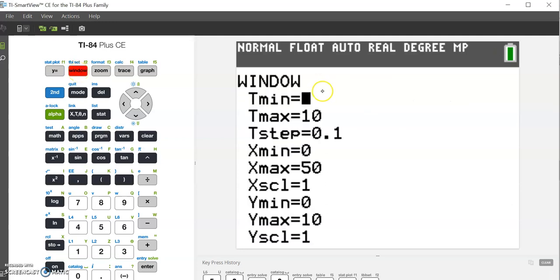My window, I'm just going to talk about. Time is our t value, so we don't need anything before 0, and it should take less than 10 seconds of airtime. Leaving t-step 0.1, again, x min is 0 because that's kind of our starting point. We don't need to look backwards in distance, and we don't need to look below ground. So our y min and x min are both 0.